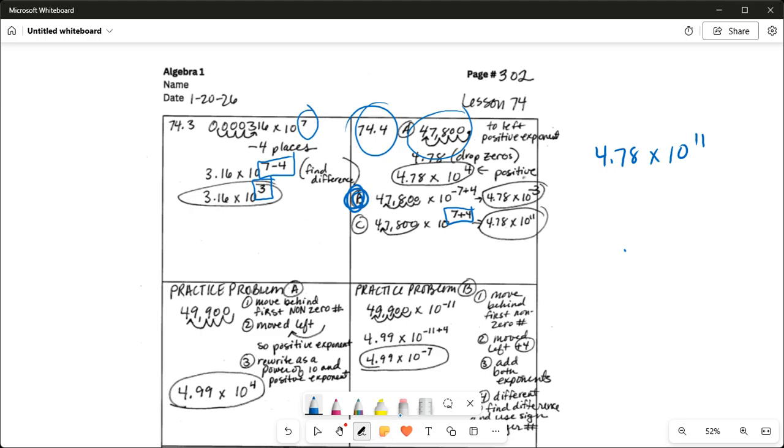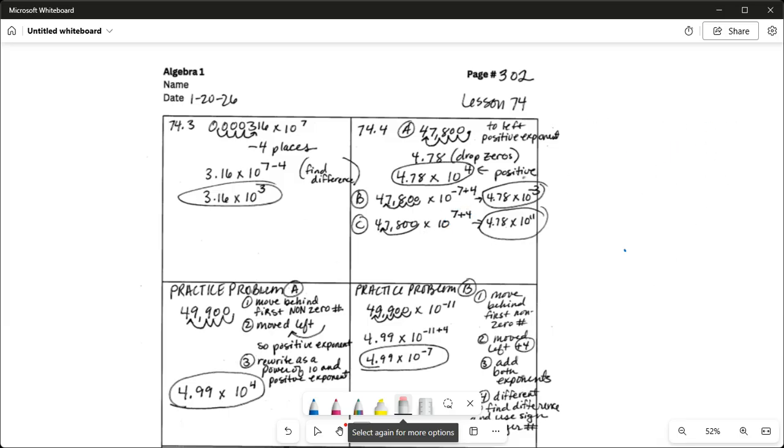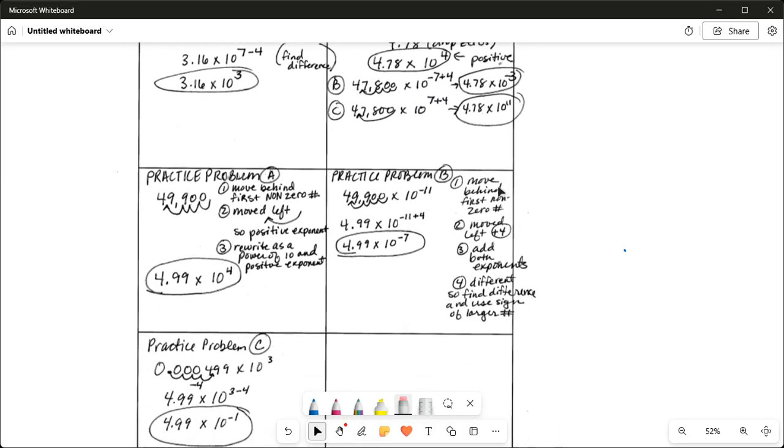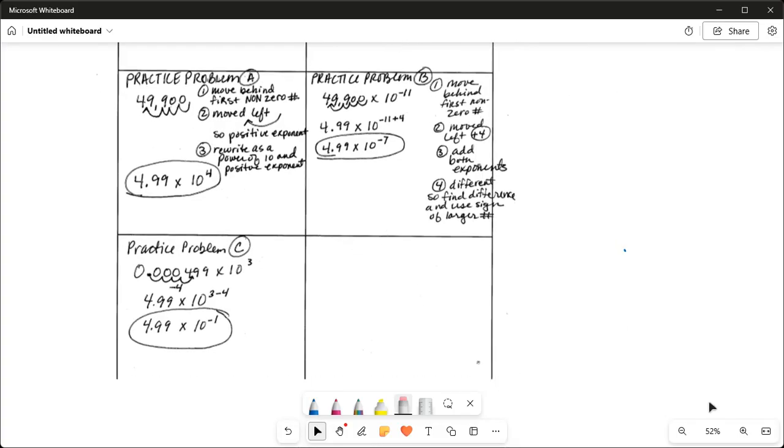Okay, now let's look at the next thing, which is the practice problems for this lesson. We've got 49,900. We've moved 1, 2, 3, 4 places to the left. If we move to the left, it's positive. If we move to the right, it's negative for scientific notation. So this is going to be a positive 4.